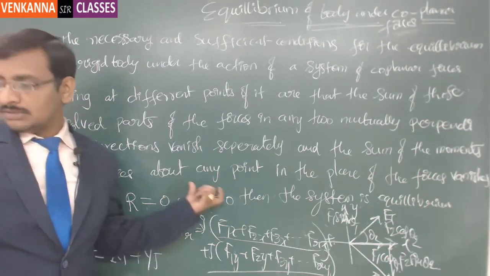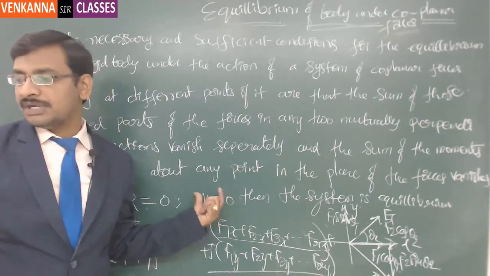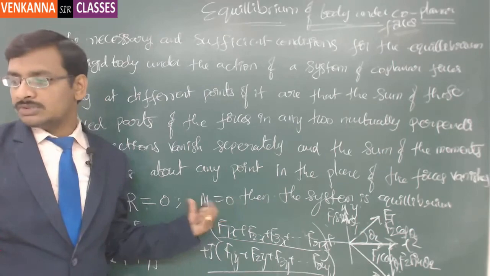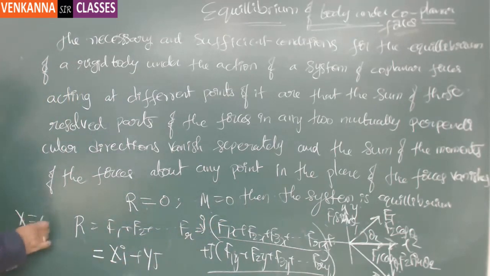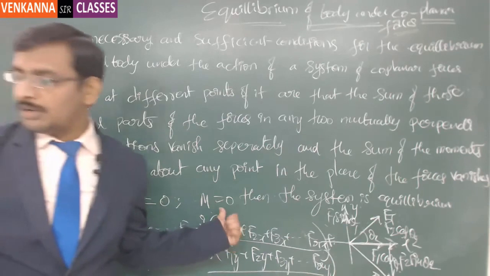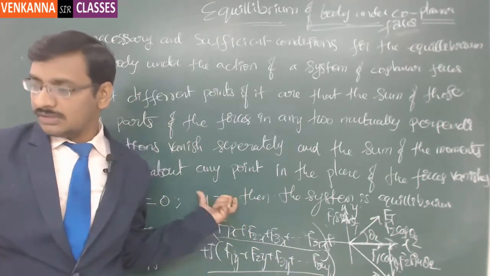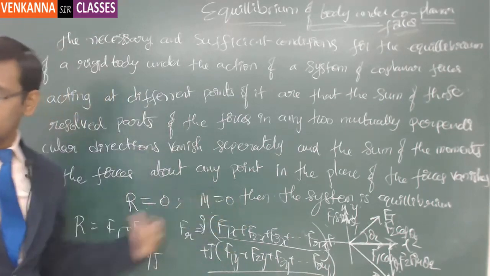But circular equilibrium can be stated only with the help of moments. So for now we can state that X is equal to 0 and Y is equal to 0 is the necessary and sufficient condition for the linear equilibrium. For the circular equilibrium, M is equal to 0. Now this one also we will derive in terms of x and y.